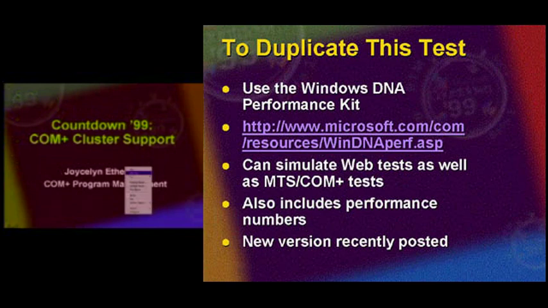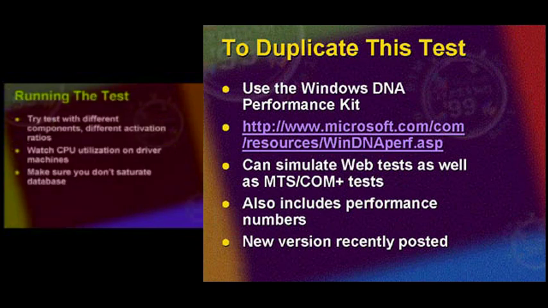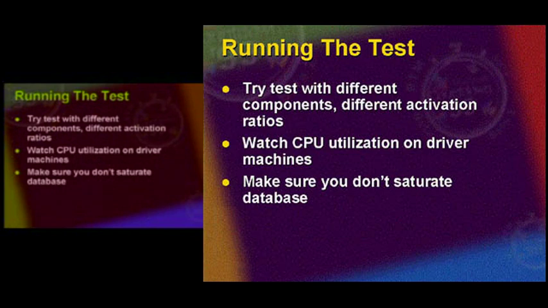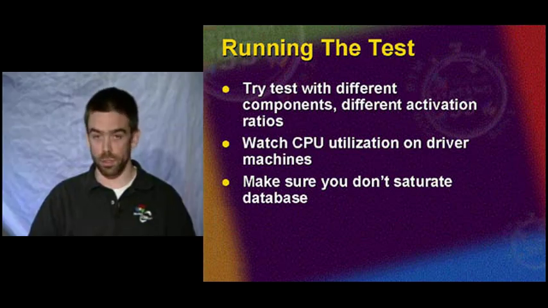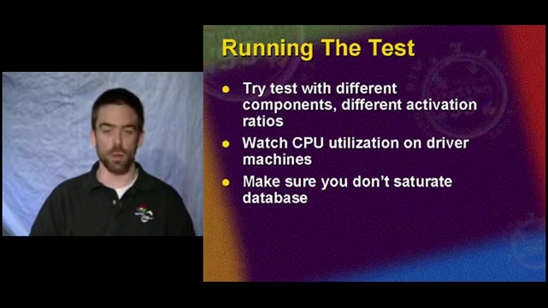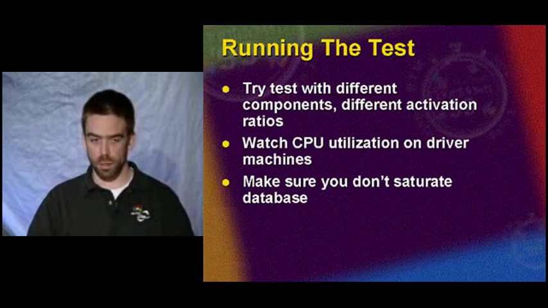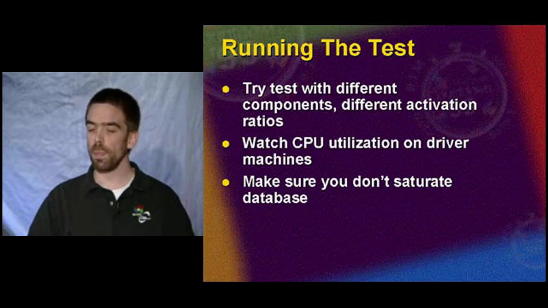If you do this, I would suggest running the test with different components. We've included a number of them in the kit, with different activation ratios to see how that affects the scalability of these components and of component load balancing in general. One thing you want to keep in mind is that you should watch the CPU utilization on the driver machines.